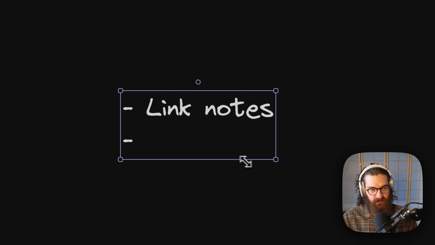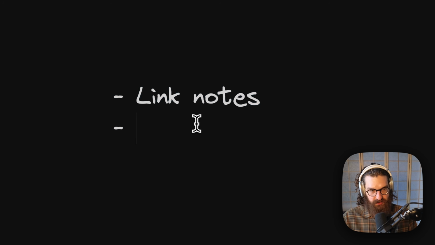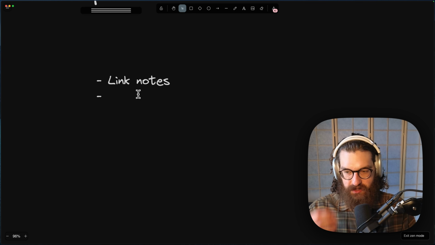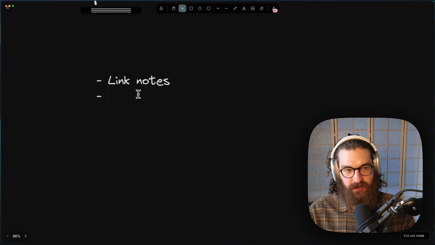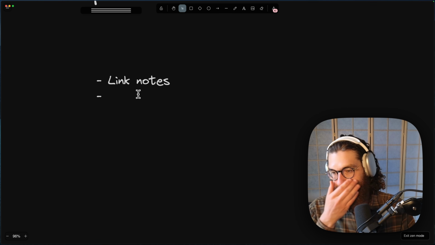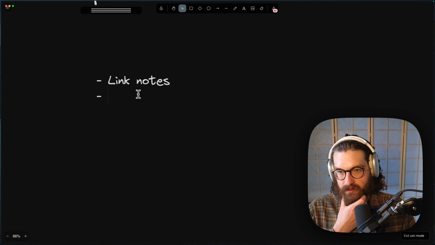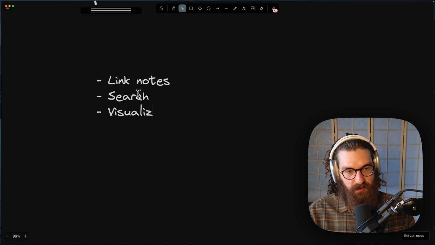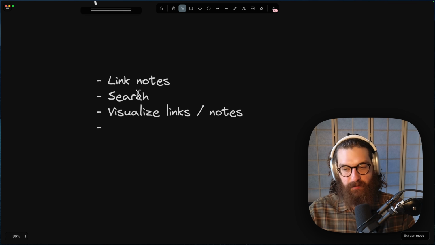We need to be able to visualize how these nodes relate to each other. This is very important for thinking. And we will get into that in future videos or in my Zettelkasten course that is linked down below. We need the ability to link nodes. We need a good search functionality. We need the ability to search. We need the ability to visualize our links or nodes in some way. This is very important.